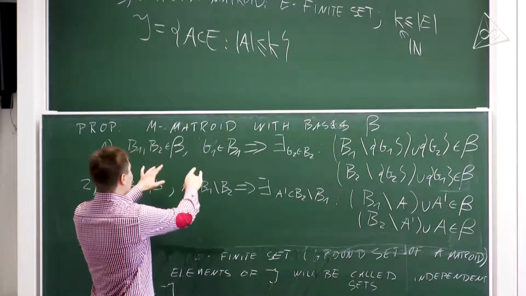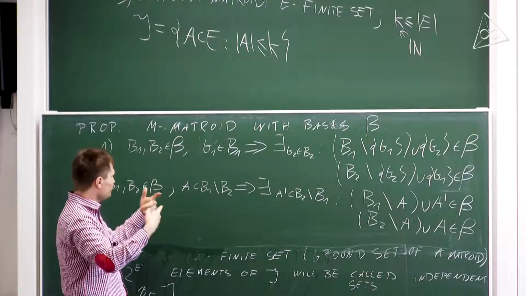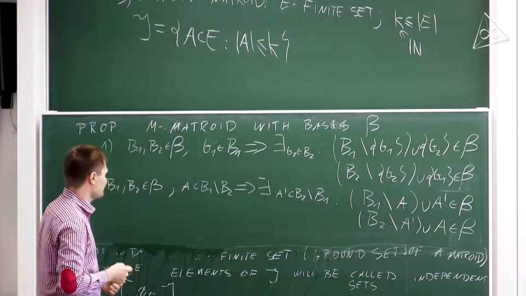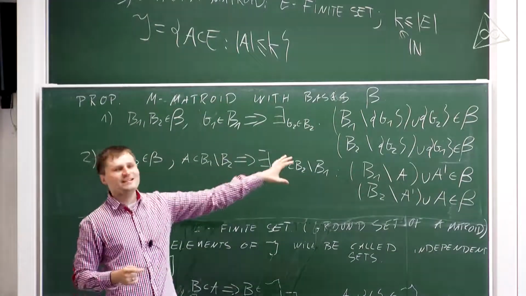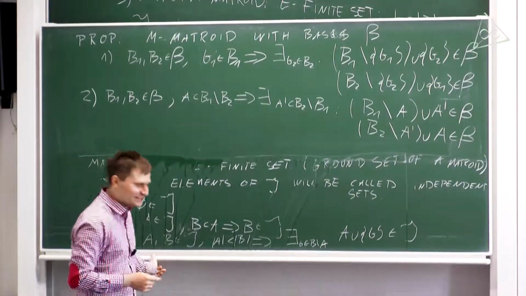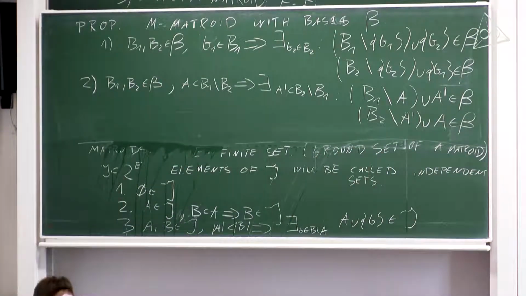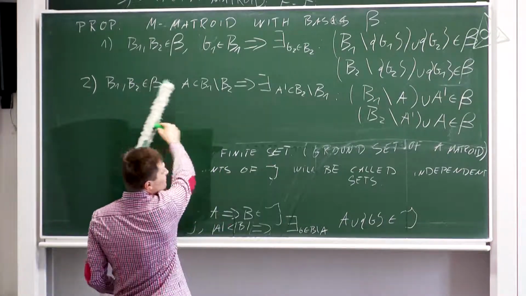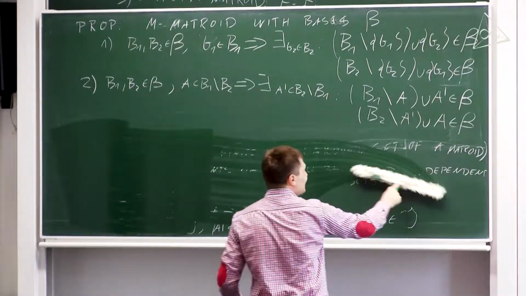So not only can we simultaneously exchange two elements, we can simultaneously exchange any subsets. And that's an even greater challenge for you to prove. This is really challenging. It's a highly non-obvious statement. So if you are able to prove it on your own, don't do other exercises about matroids. That's enough.